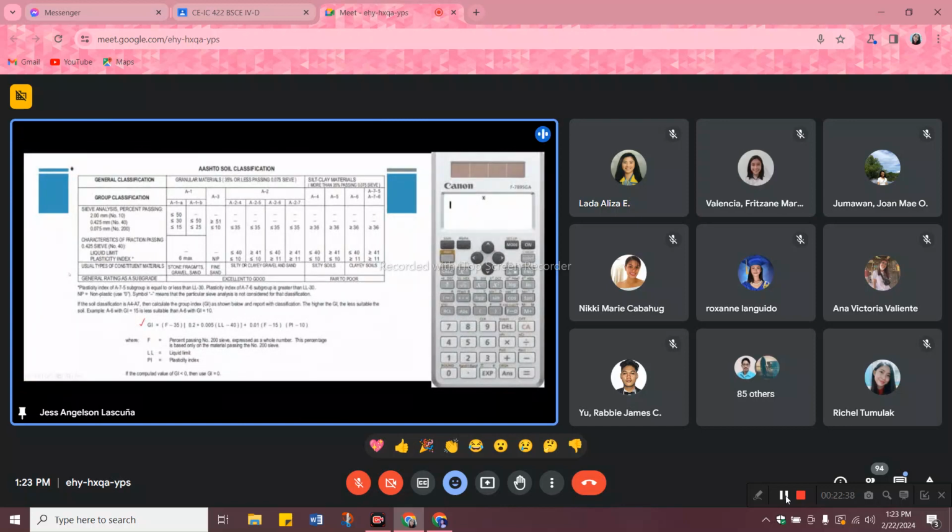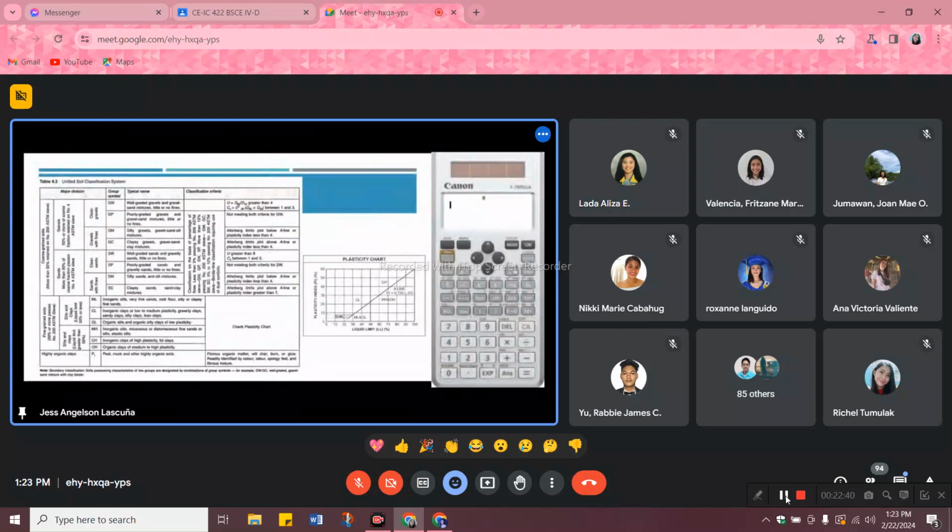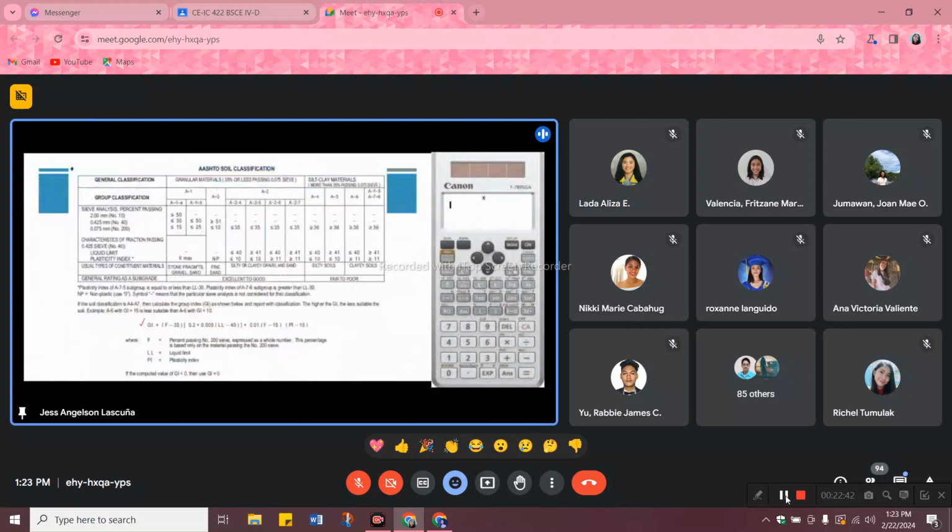So sige, ato siyang ihimay-himayon. So for A1 group mo na siya nga stone fragments, gravel and sand, and sa A2 is the silt or clayey gravel and sand. So most likely kaning A1, A2 and A3 are coarse nga material. Na coarse sila nga soil.